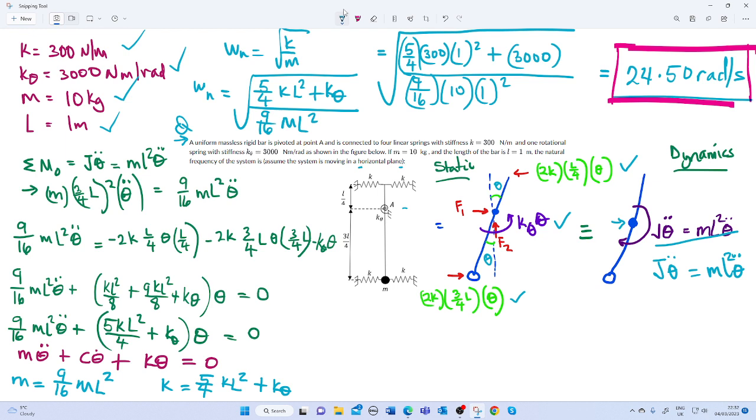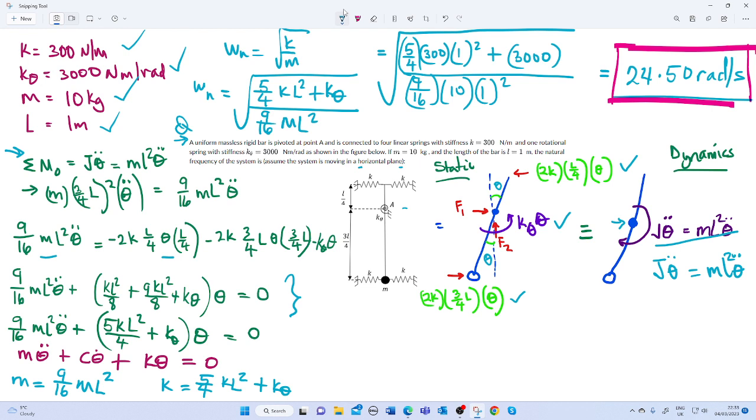Now, by equating the dynamics to the static equation, we have the equation of motion: the summation of all the moments about the pivot equals J theta double dot equals m L squared theta double dot. That gives us m times (3 over 4 L) squared times theta double dot equals 9 over 16 m L squared theta double dot.